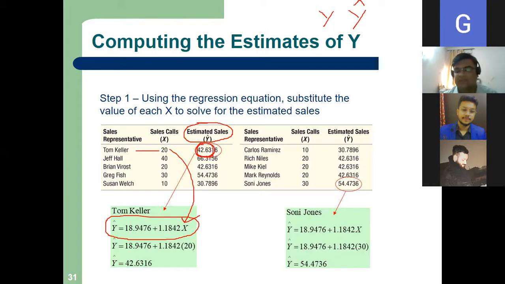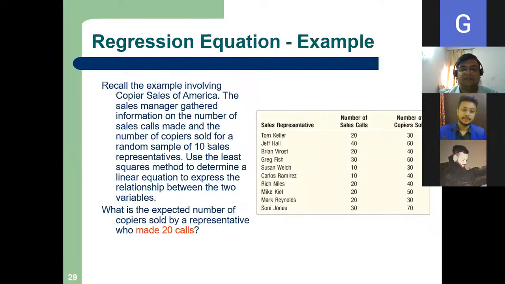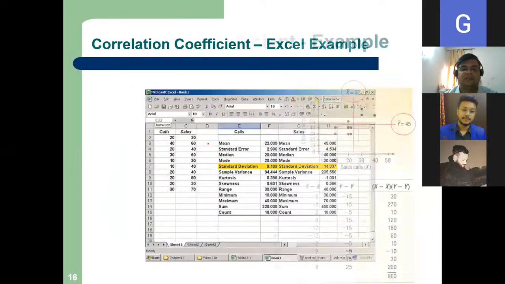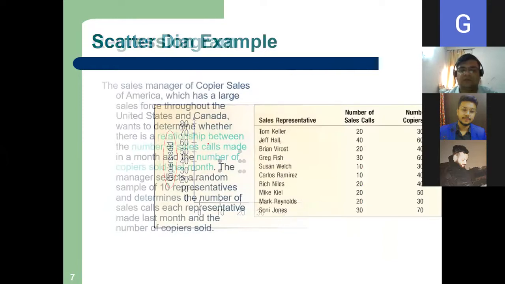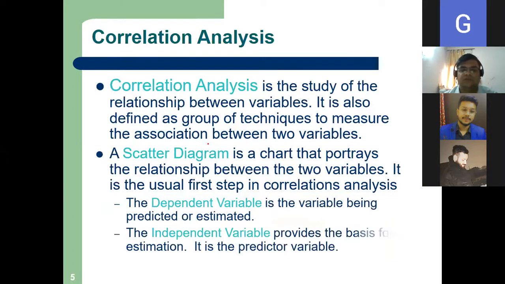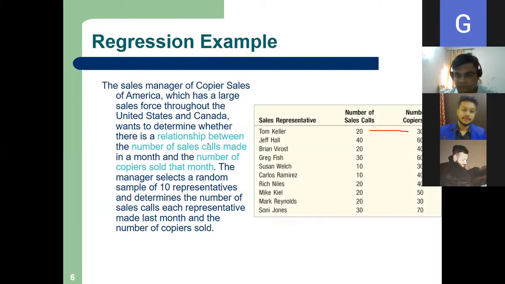But what was the actual? Let us see the actual y for the first salesperson. Actual y was 30, but predicted y is 42 point something.